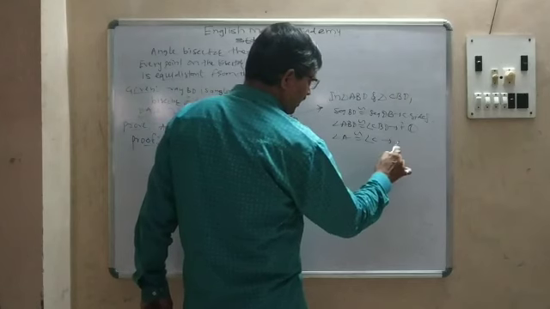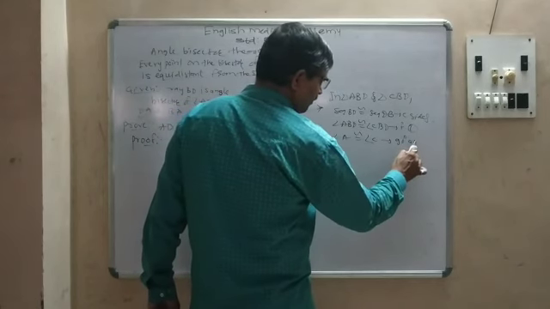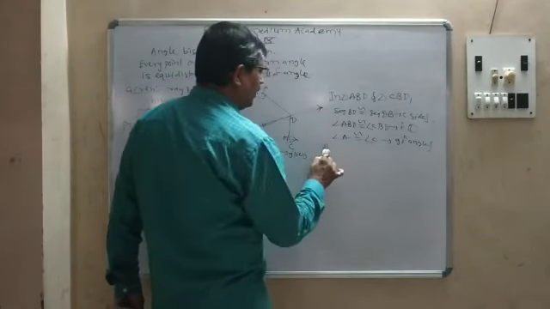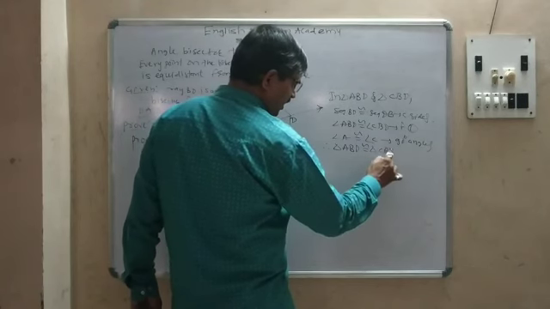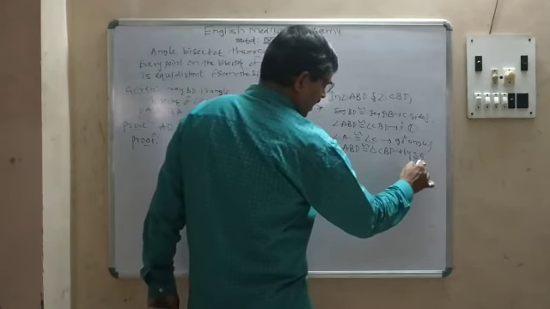And angle ABD is congruent to angle CBD from 1, which we have proved. And angle A is congruent to angle C, both 90 degree angles. Therefore triangle ABD is congruent to triangle CBD by the SAA test.